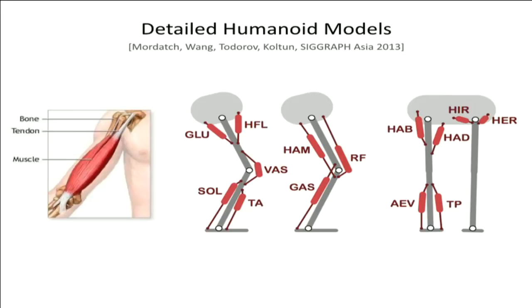In a slightly different set of applications, the motions that you saw were pretty sensible sketches of what should be happening, but they weren't necessarily realistic or biomechanically plausible human movements. So an interesting question to look at is what would happen if you actually have very detailed humanoid models.